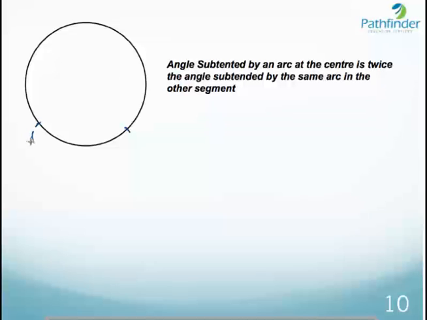So here we have a point A on the circle and there is the point B. The distance between AB around the circumference of the circle is known as an arc, and we read it as arc AB. Now this arc, the smaller one, is a minor arc and the larger arc will be known as a major arc.